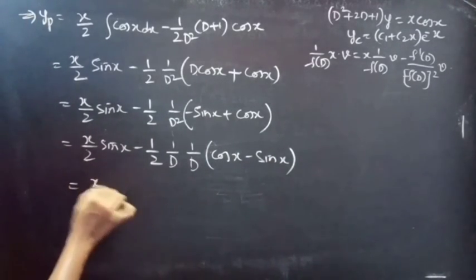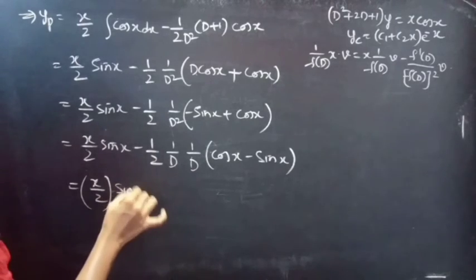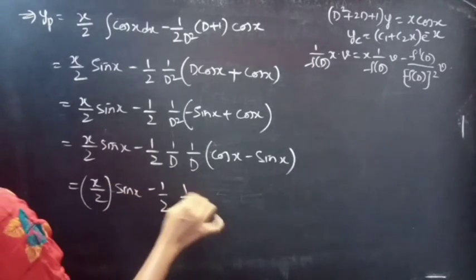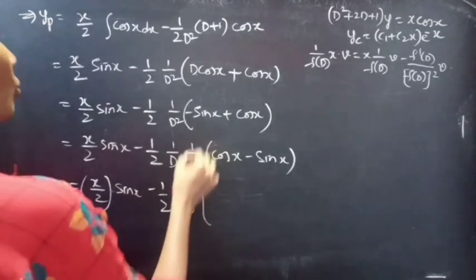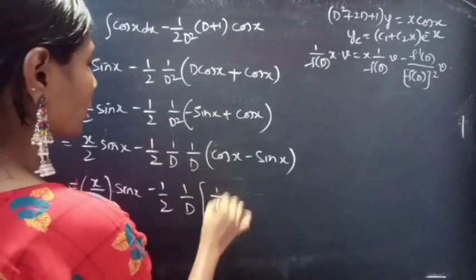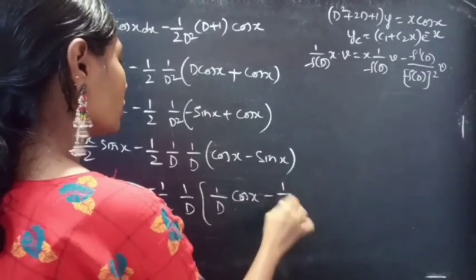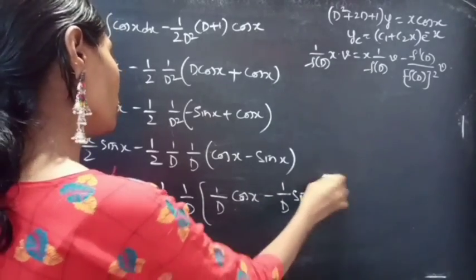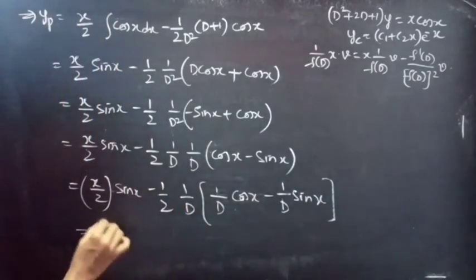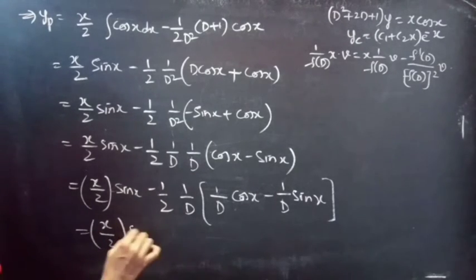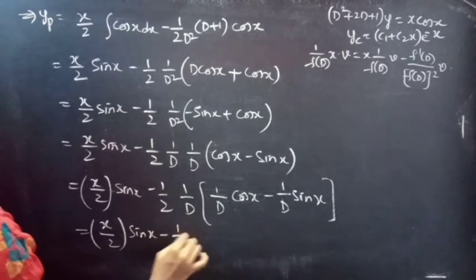This is equal to x by 2 sin x minus 1 by 2 into 1 by d into, operate 1 by d firstly. We'll get 1 by d cos x minus 1 by d sin x. We know that 1 by d is an integral operator, so we need to find the integral in this step.